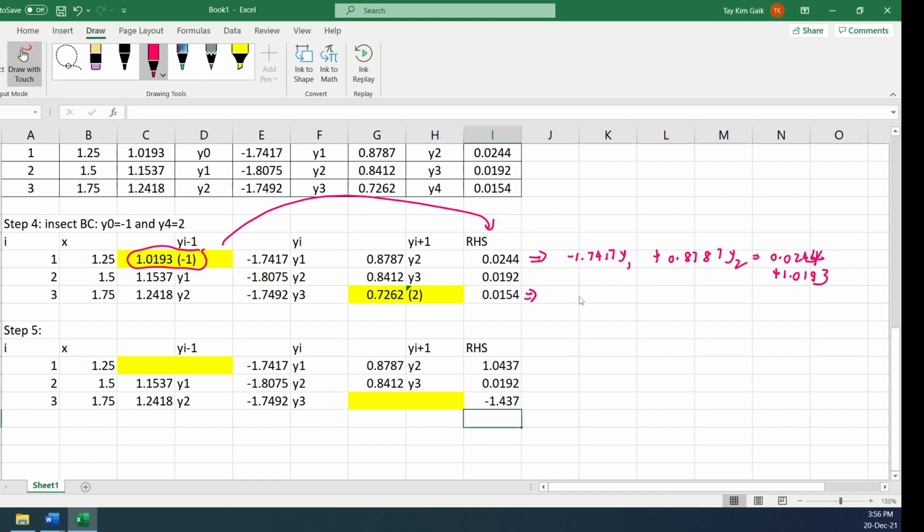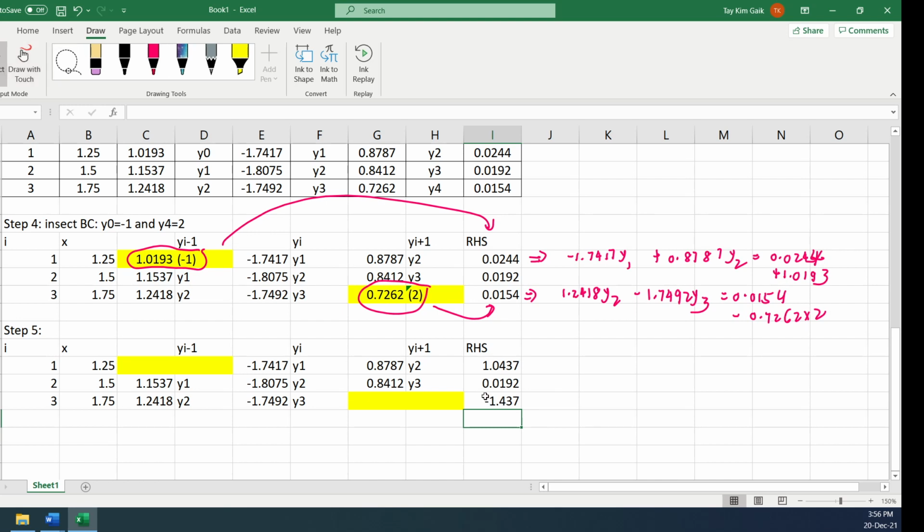The last equation will become, you read from here, 1.2418 y2 minus 1.7492 y3. This value collect to right hand side become 0.0154. So this is positive, bring to right side become minus 0.7262 times 2.